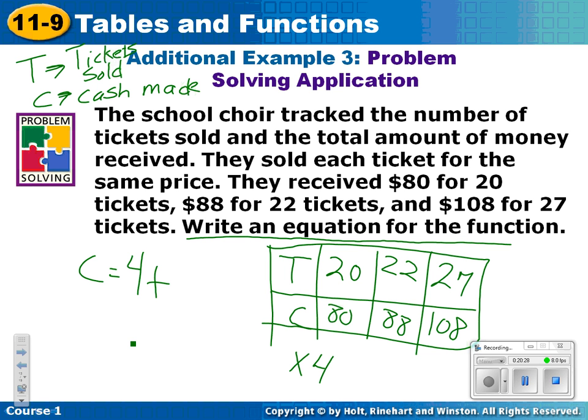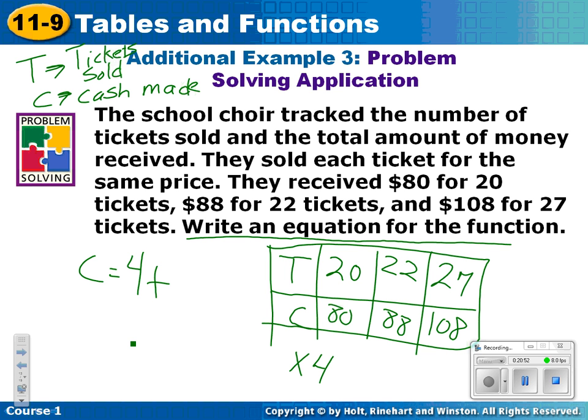C equals 4t. Again, for every single t value, there's a corresponding c value. What if t was 5? What is c? 20. So now we have this thing, and we can plug it into anything.